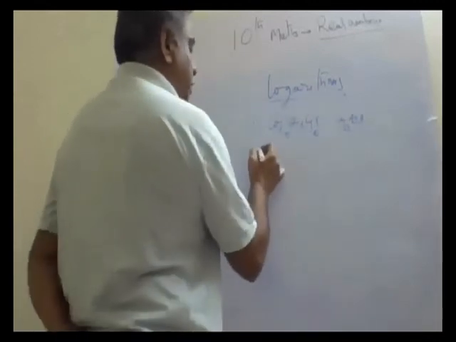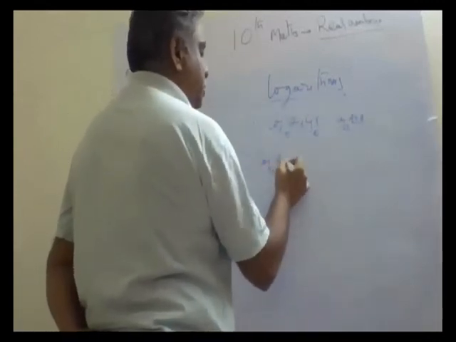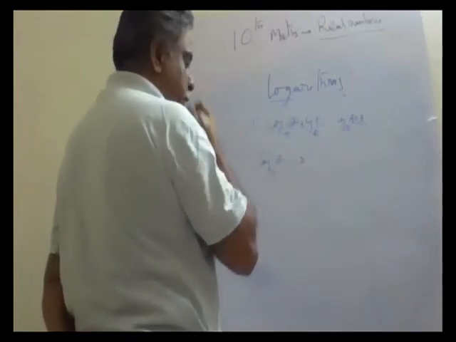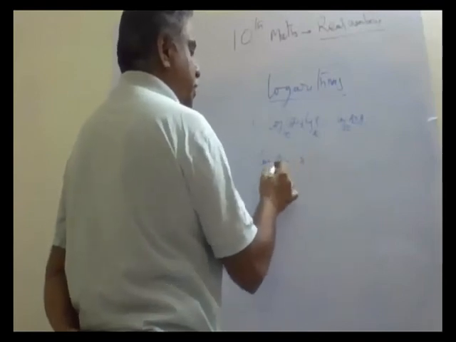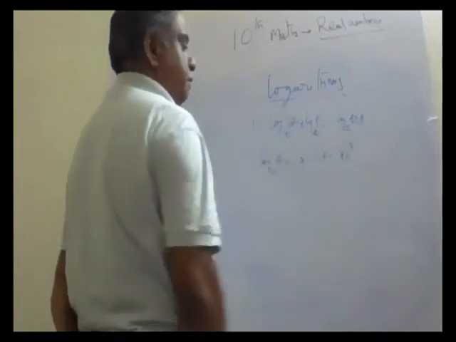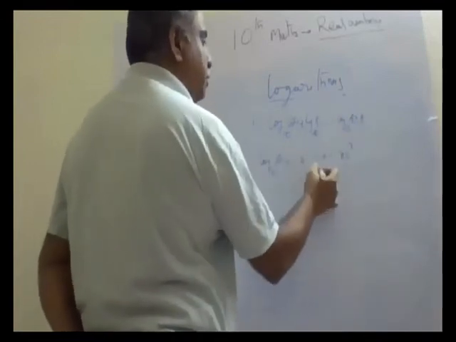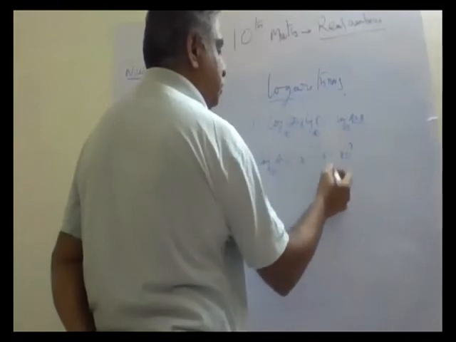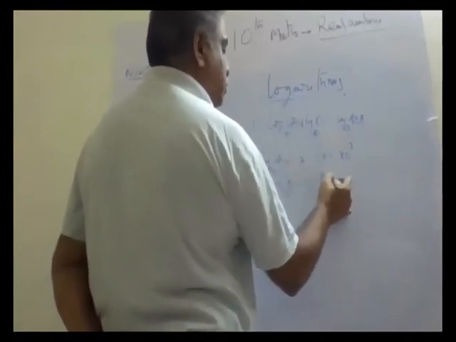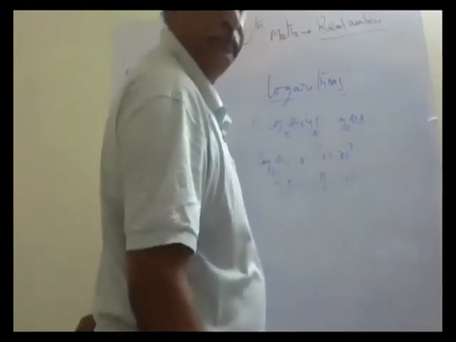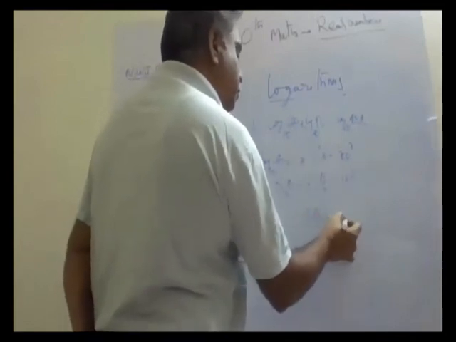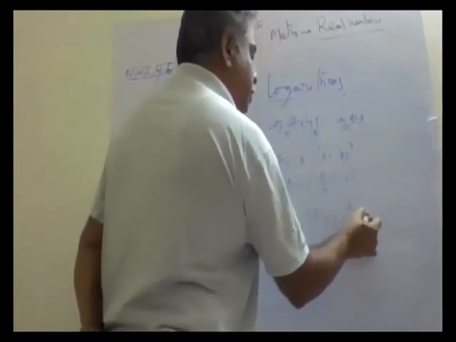Let us see. Let log a to base 10 be equal to x. Base 10, or any base, it can be any base. When we put it in exponential form, a is equal to 10 to the power of x. Similarly, let log b to base 10 be equal to y, so b is equal to 10 to the power of y. When I multiply, a into b is equal to 10 to the power of x into 10 to the power of y.